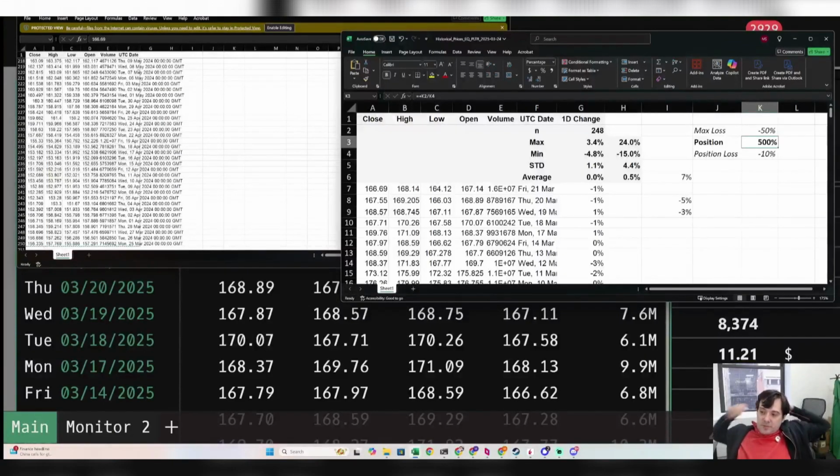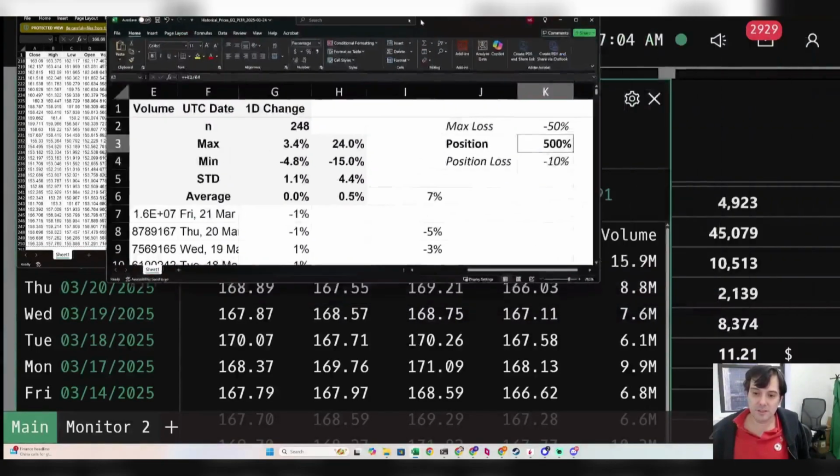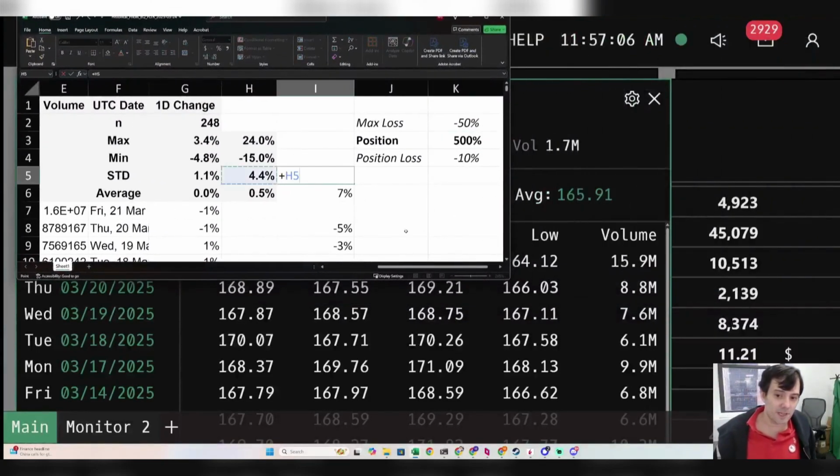Now, is it smart to take a 5x leverage position? No, of course not. But the point is, here's the best way to look at it. If you're going to trade Procter & Gamble, you should roughly have a 4x position. If you're going to trade Palantir, it should be 1/4 of the position you would have for Procter.